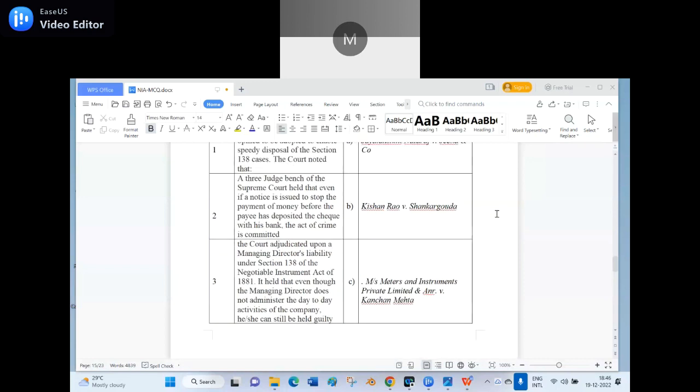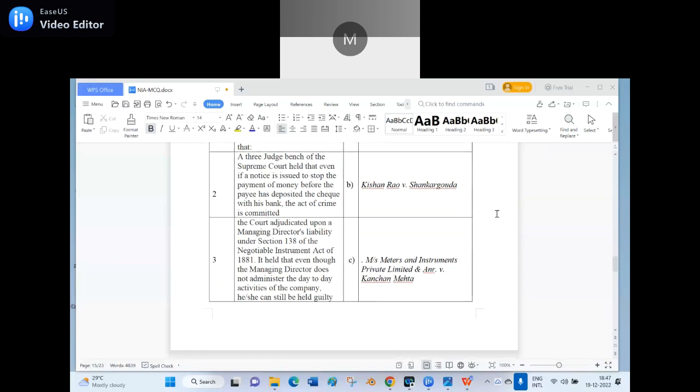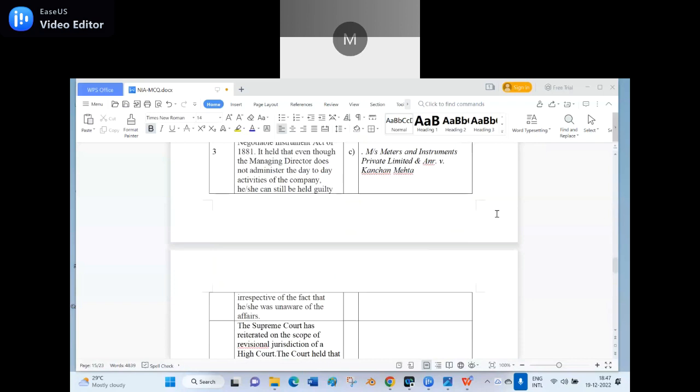Number 3, the court adjudicated upon a managing director's liability under Section 138 of the Negotiable Instruments Act of 1881. It held that even though the managing director does not administer the day-to-day activities of the company, she can still be held guilty irrespective of the fact that she was unaware of the affair.